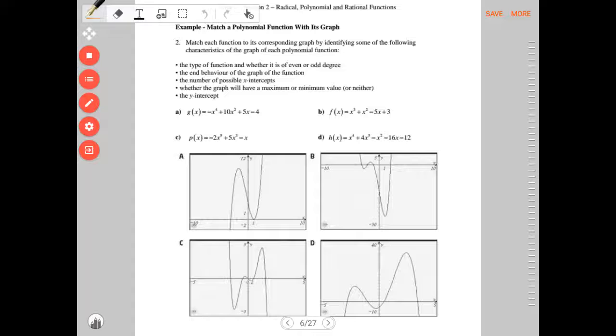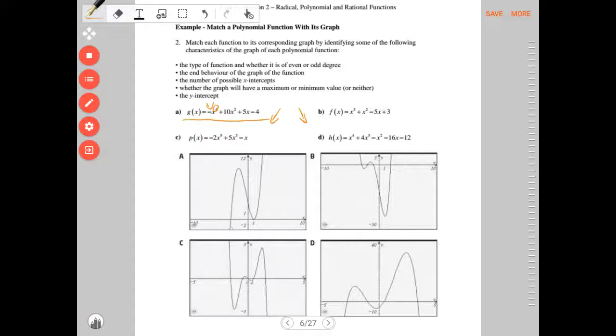So if we look at A, the highest exponent is 4, so there's going to be 4 zeros of various types, and oh, look, it's a negative. That means the end behavior is going to be a frowny. Because it's a negative to the 4th, both arms are going to extend low.